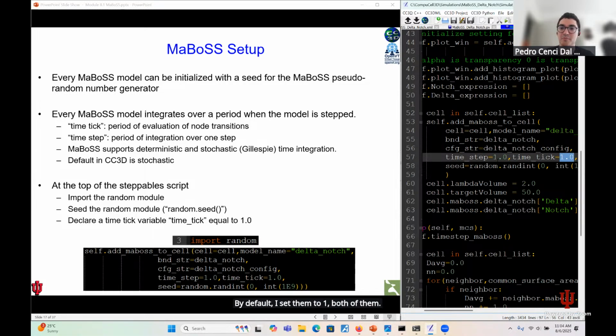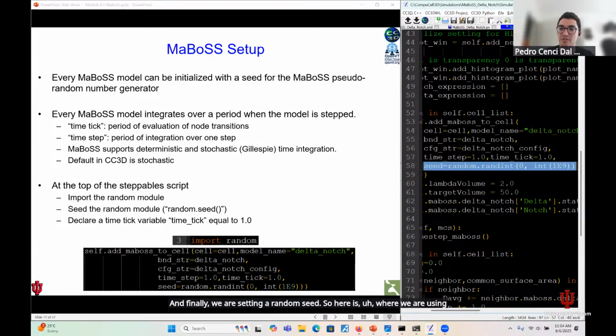But if your network is maybe too noisy, you can try decreasing the time step. And finally, we are setting a random seed. So here is where we are using our random package to specify an initial seed for our MaBoSS model.